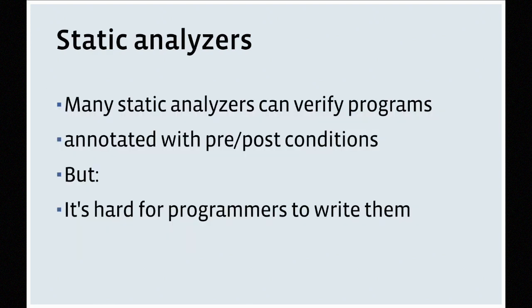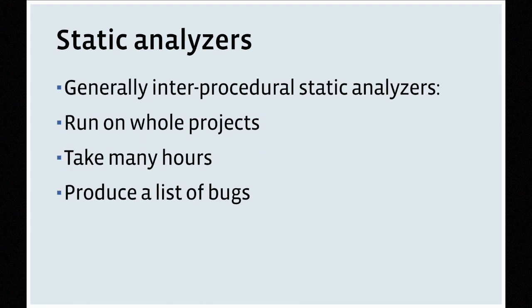So there are many static analyzers out there that can check if programs are correct, if they are annotated with these kind of pre and post conditions. But obviously, nobody wants to write those things. So that's the main reason why these type of analyzers are not very widely used. Also, they are generally slow.